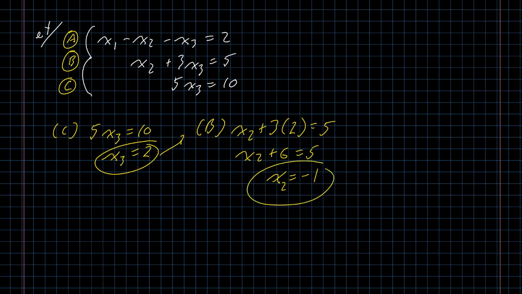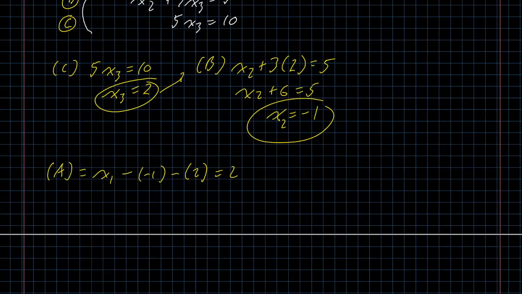Continuing my back substitution, I can go to equation A, which has x1, has x2, which I now know is -1, and has x3, which I now know is 2. All right.